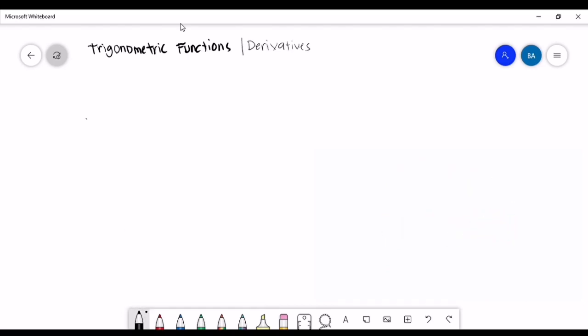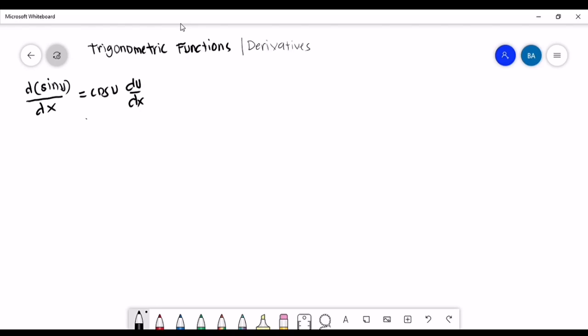Based on the theorem of the derivatives of trigonometric functions, the first one is the derivative of sine u with respect to x, which equals cosine u, times the derivative of u with respect to x.